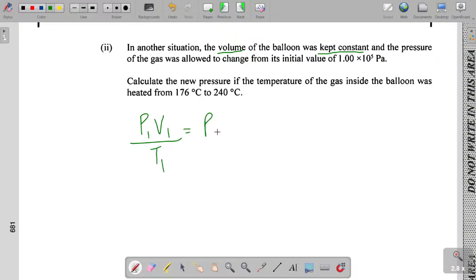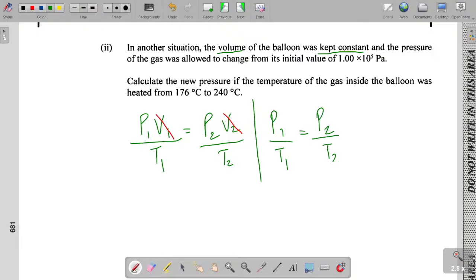And whatever is constant, you're going to eliminate it from the combined equation. So volume is constant here, and so the equation that we will use is P1 over T1 is equal to P2 over T2.